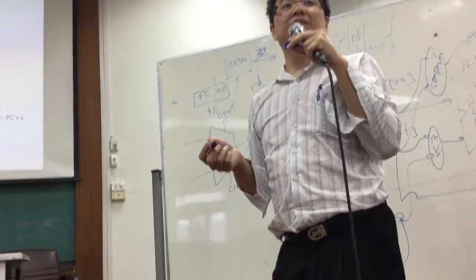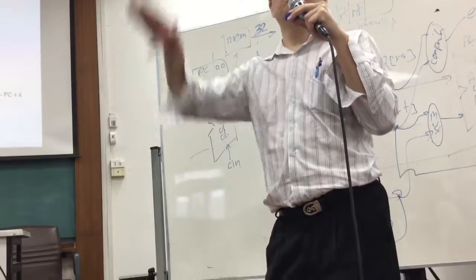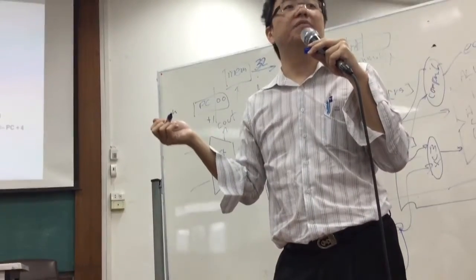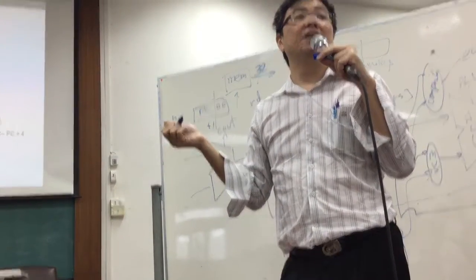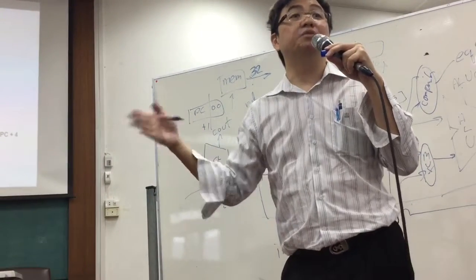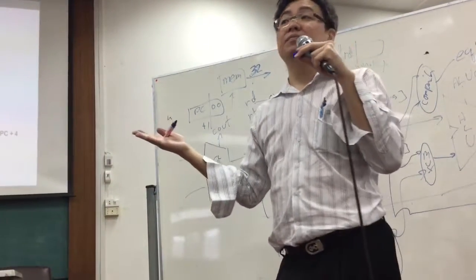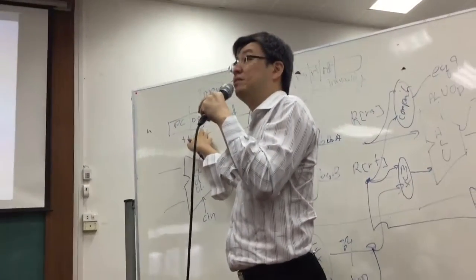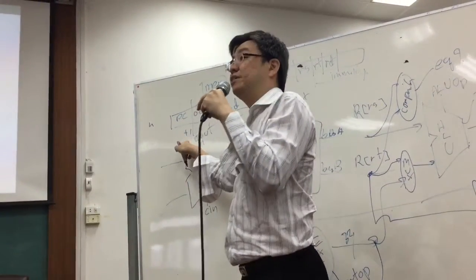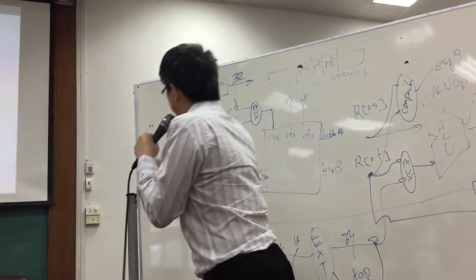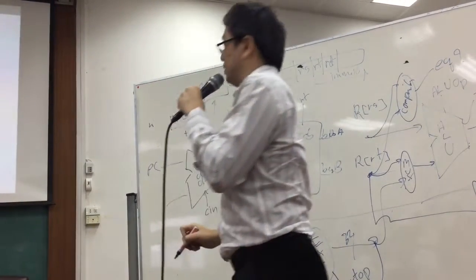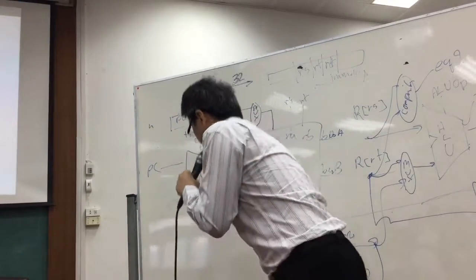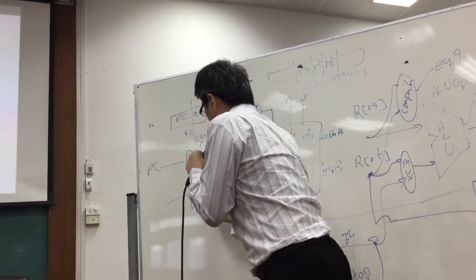Since this is binary, I can just leave the last 2 bits and add 1. It gives the same result, because shifting by 2 bits is multiplying by 4. So on one hand I would put PC, and for carry in I would just put 1.